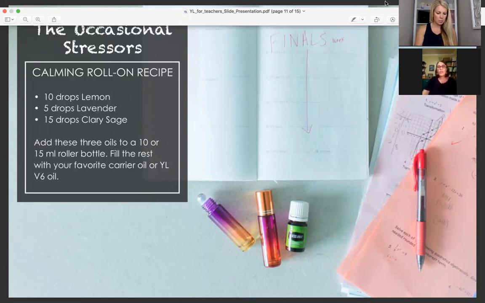I'm going to mention a couple of things that you can use to minimize these occasional stressors. The first one is Stress Away. This is one of my all-time faves. It has a blend of lime, vanilla extract, cedarwood, lavender, and copaiba. We've already talked about cedarwood, lavender, and copaiba, and you have this in the starter kit.